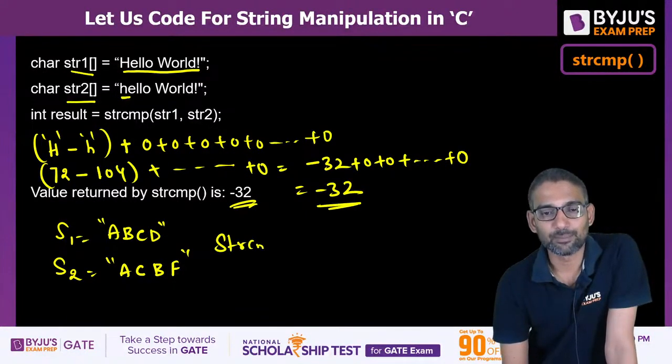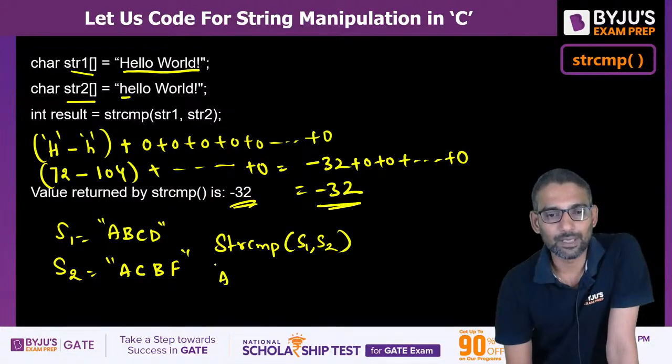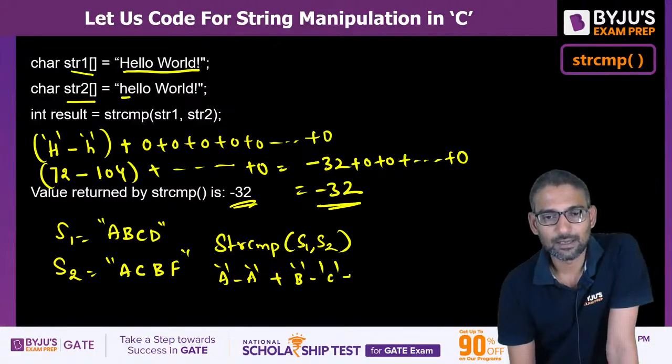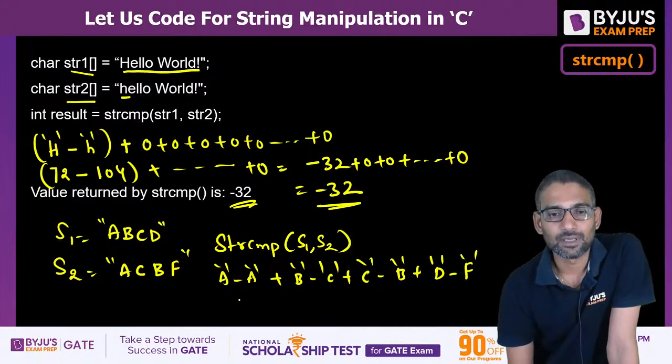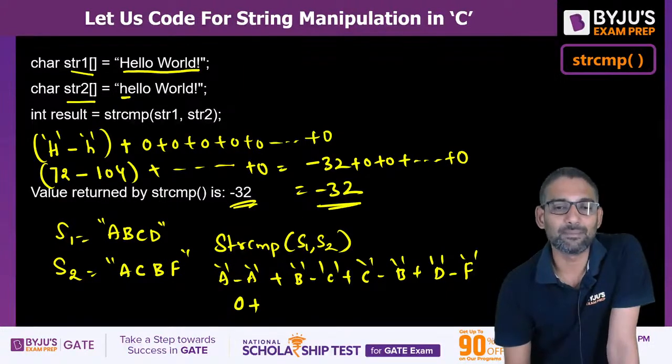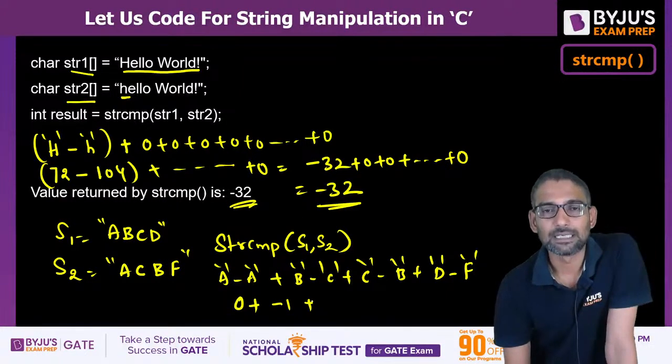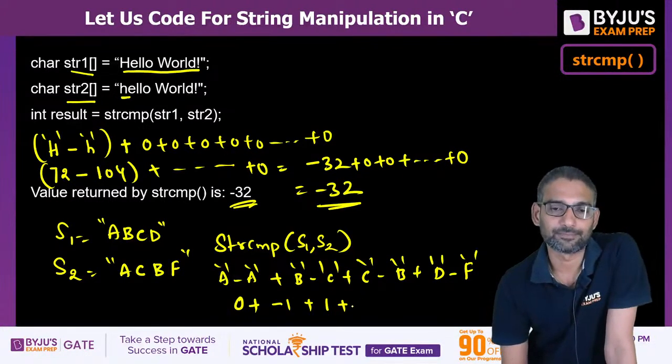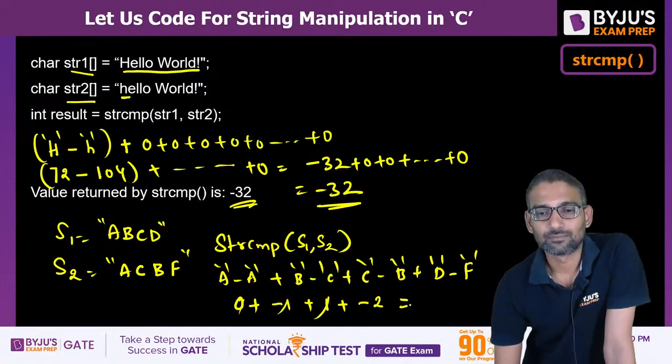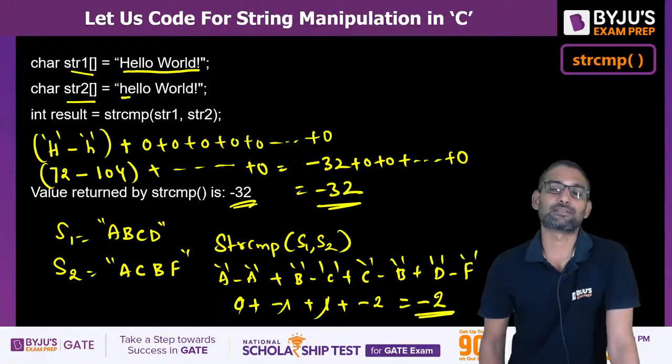If I compare strcmp of S1 comma S2, it would be A minus A plus B minus C plus C minus B plus D minus F. A minus A 0 plus B minus C minus 1 plus C minus B plus 1 plus D minus F. That would be minus 2. So I will be getting minus 2 as output.